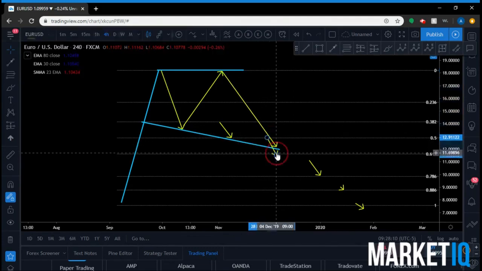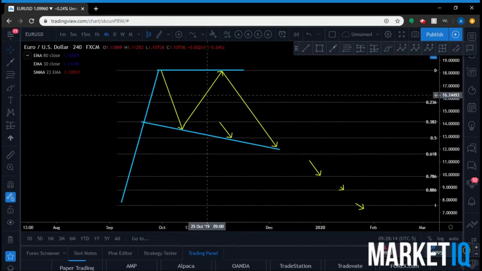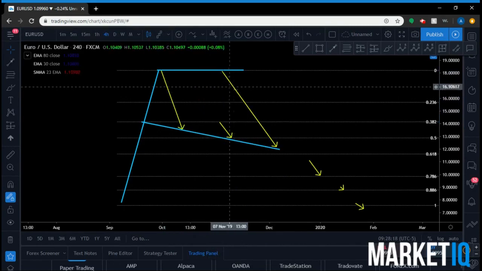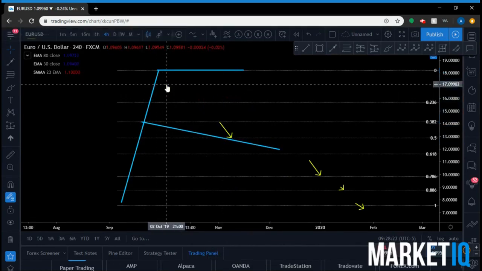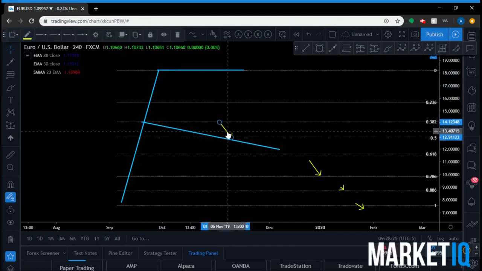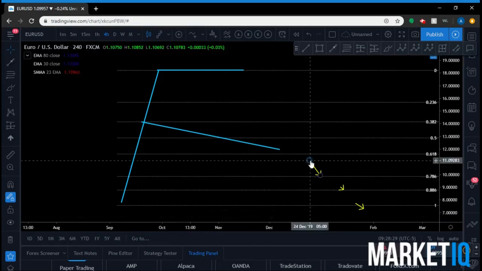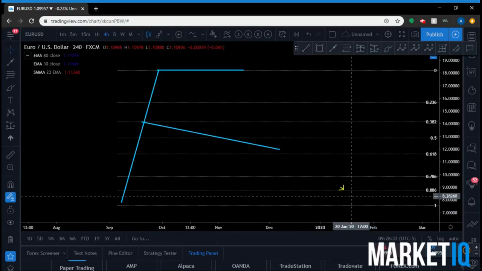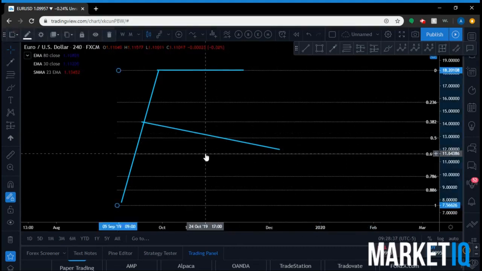Okay? Your typical flag corrections are going to go anywhere from the 0.5 all the way back down to 100%, all the way back down to here for a flag. Okay, so that can help you predict what kind of correction we're going to get and when to enter.